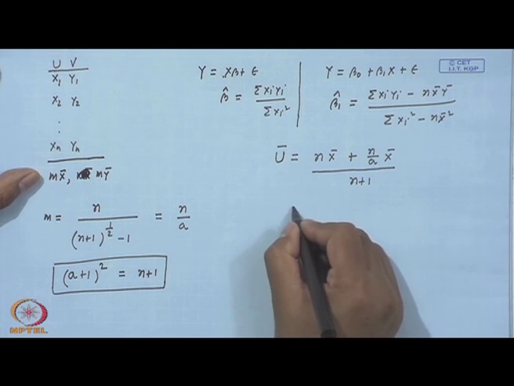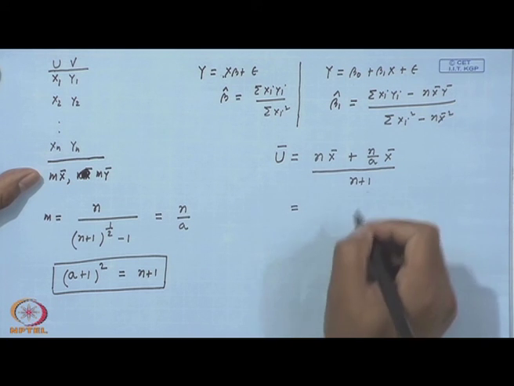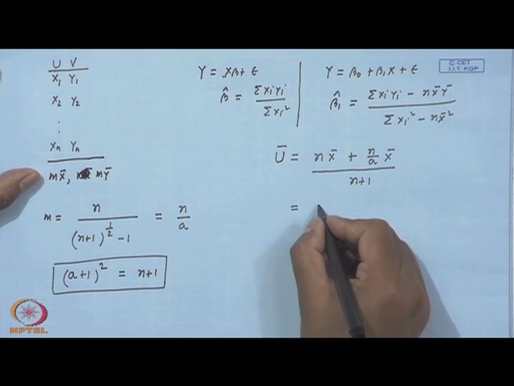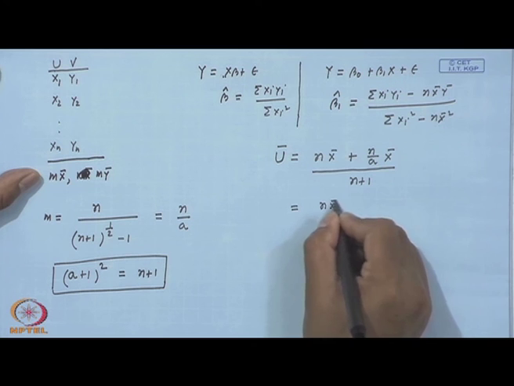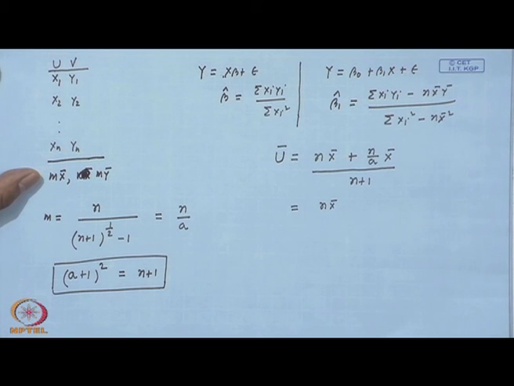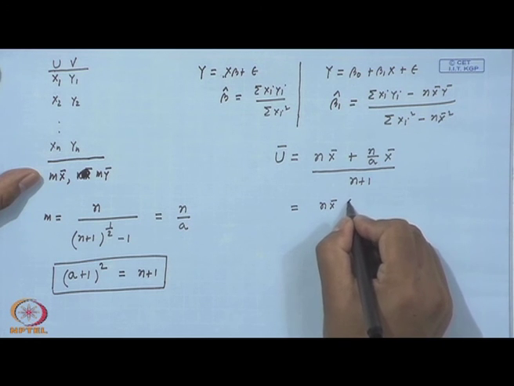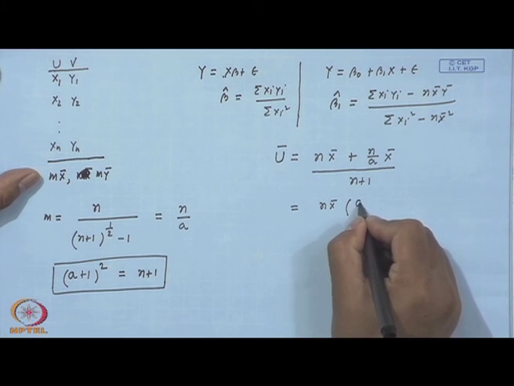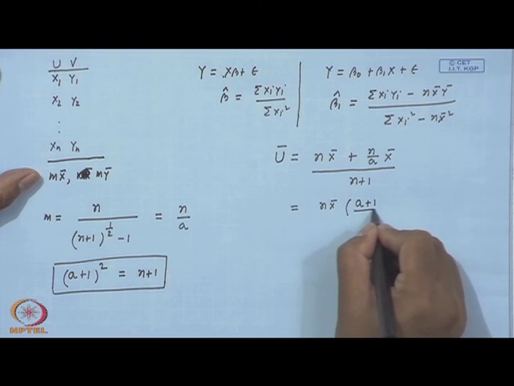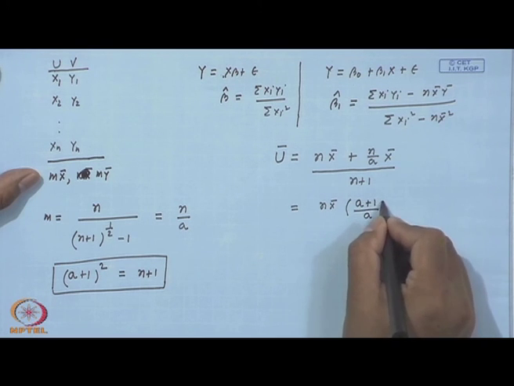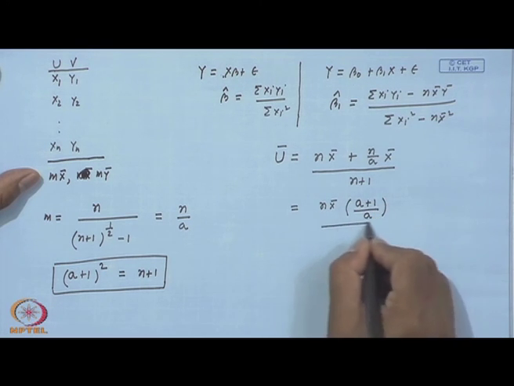So this one is equal to n x bar into a plus 1 by a by n plus 1.